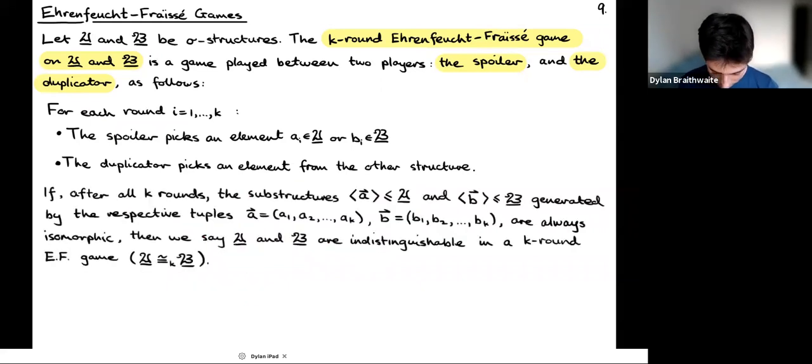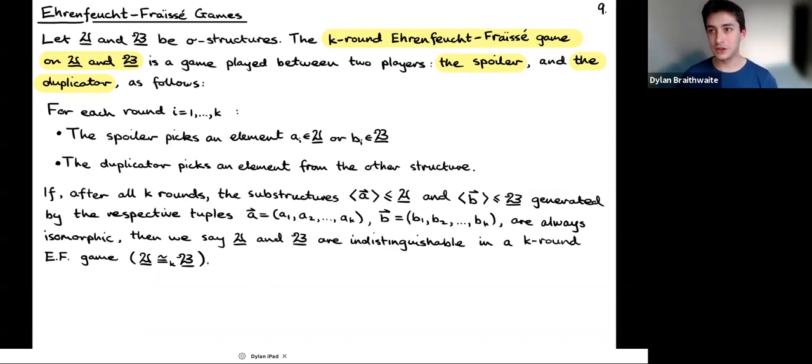Put a little more formally, we can write it like this. What this is capturing is the idea of there being a partial isomorphism between the structures that the players exhibit.